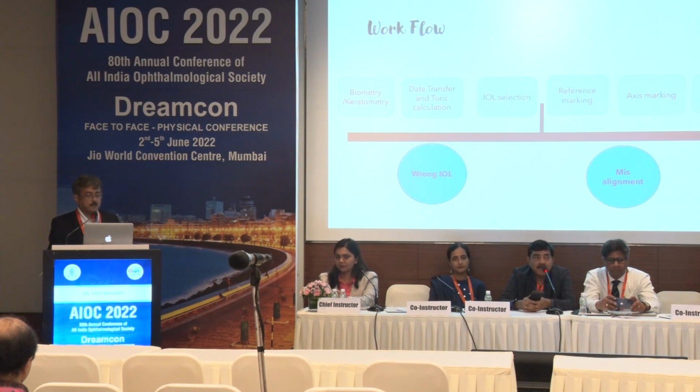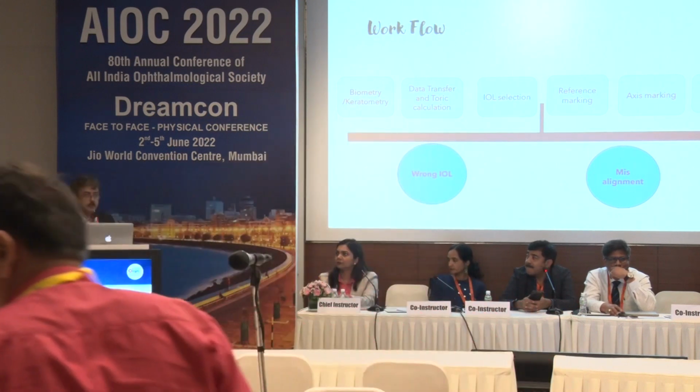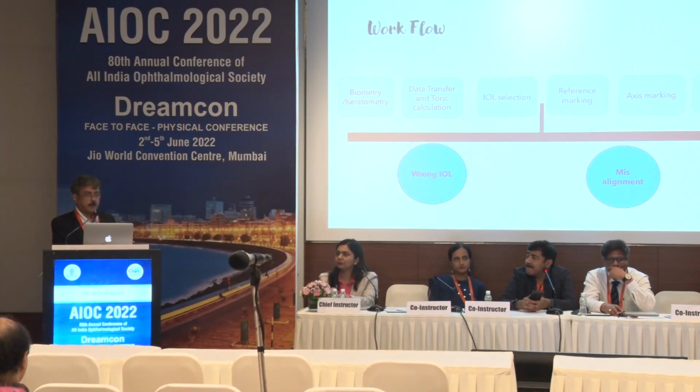So if anything went wrong in the first three phases, the biometry, data transfer or toric calculation, because it is done manually, for example if the technician writes 40 instead of 46, there will be a wrong toric calculation. That could ultimately give a wrong IOL.